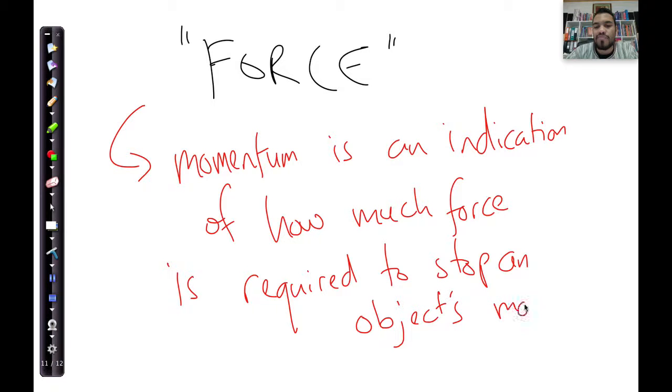Sorry, I may have written that out without saying what I've written. So let me read it to you quickly: momentum is an indication of how much force is required to stop an object's motion.